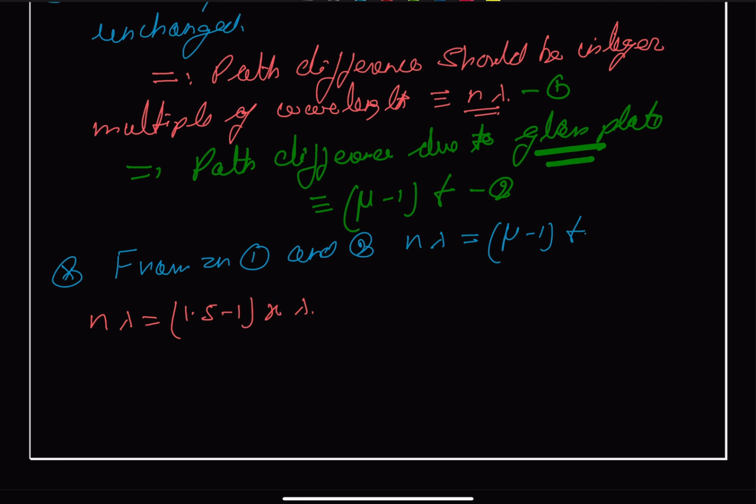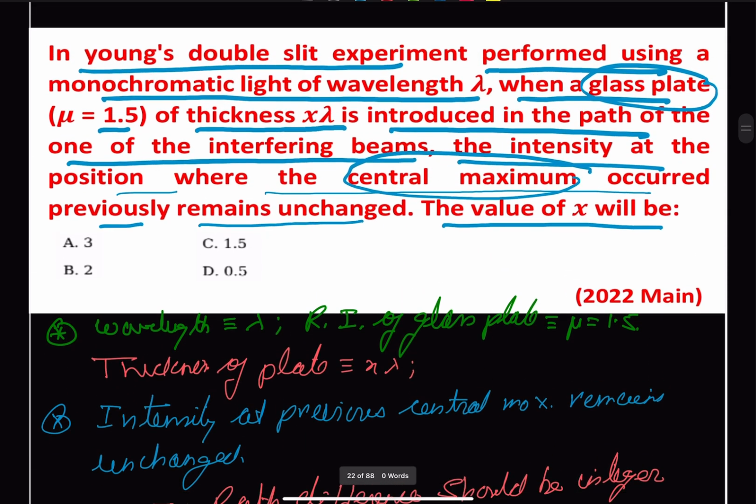Here lambda and lambda go away, so we get 0.5x should be equal to n, or we can write that x should be equal to 2 times n.